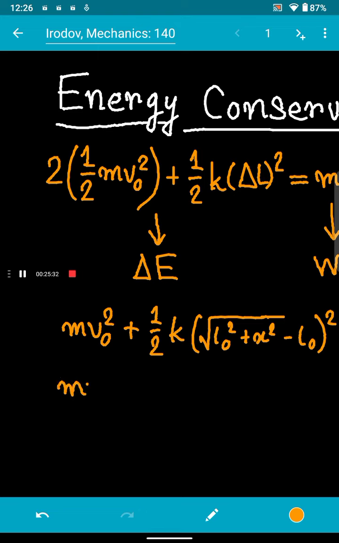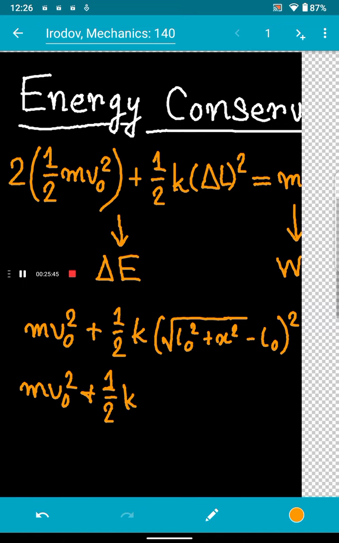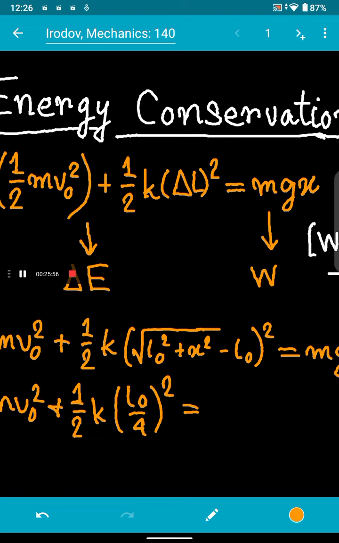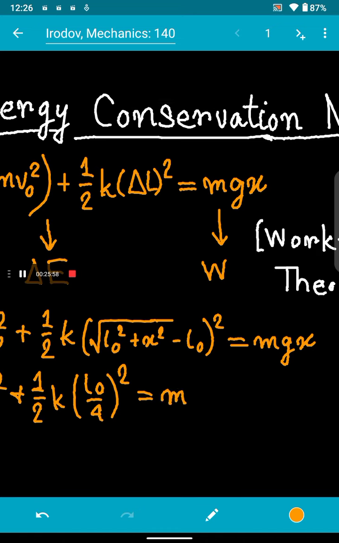So let's proceed. mv0 square plus half into, since x is 3 by 4, this whole term will be 5 by 4 L0 minus L0, so L0 by 4 squared, is equal to mg into 3L0 by 4.